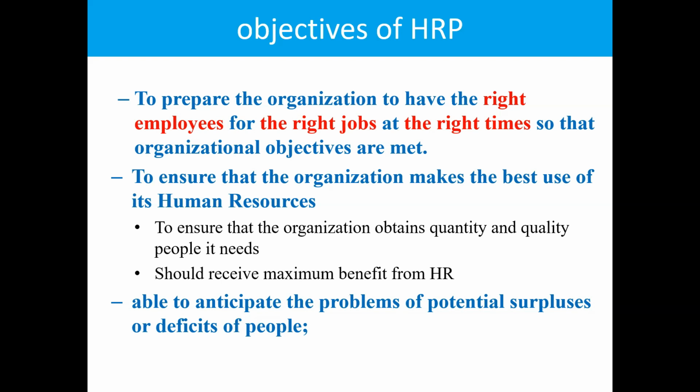Let's say when you have a very good HR plan, at a certain point of time, you can predict, you can estimate the number of people demanded, required, and the number of people supplied to meet that requirement, to meet that demand, in other words, right?